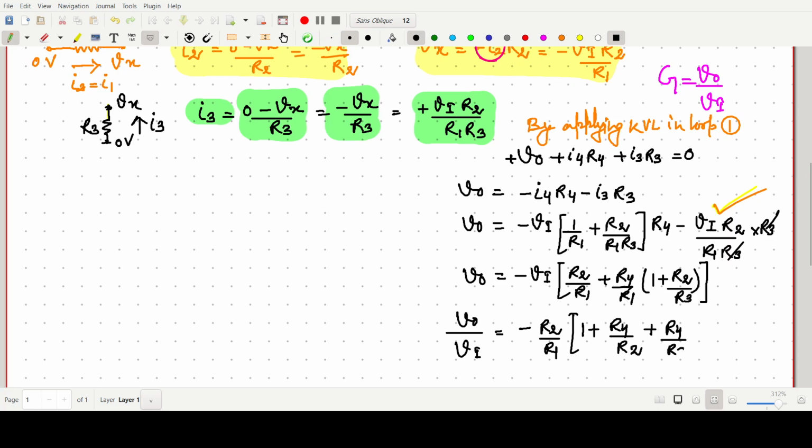Very simple, we have written like this. So this one is the final expression for the gain, basically the closed loop gain. This one is our closed loop gain expression.